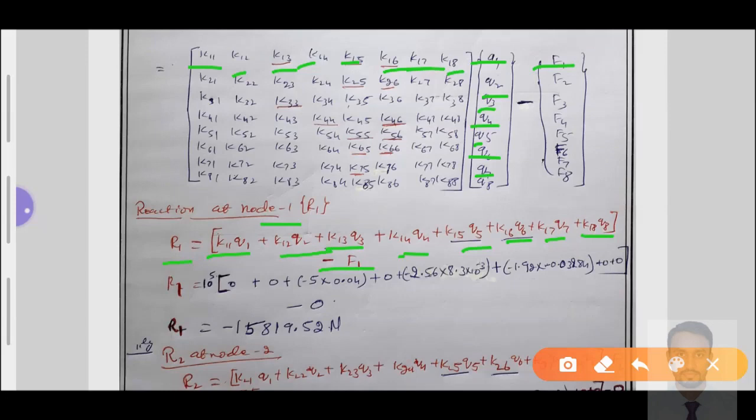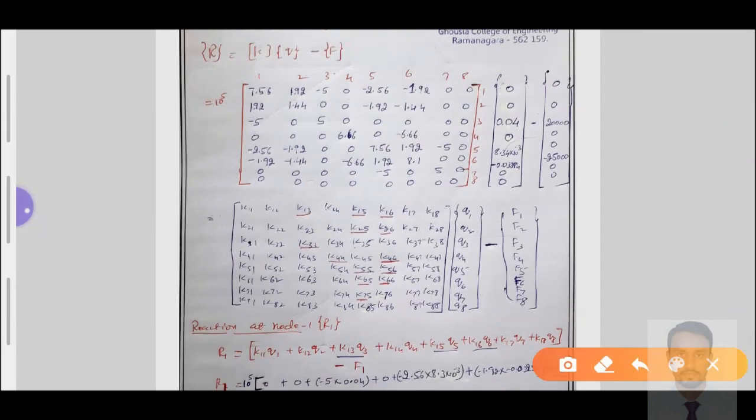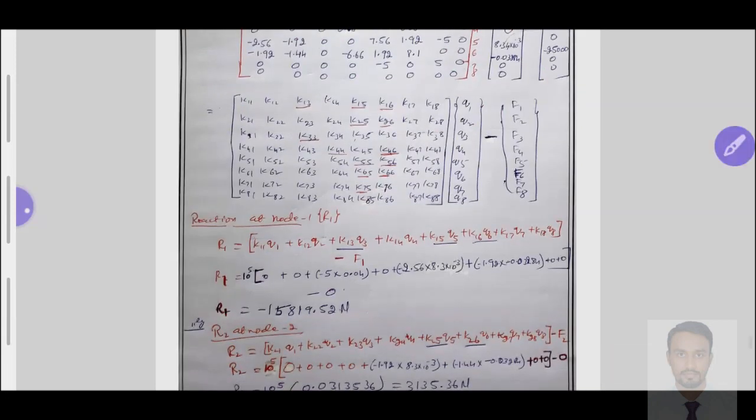All the values from this matrix you take down. This K11 means 7.56 into Q1 which is 0, plus 1.92 into 0, minus 5 into Q3 which is 0.04. We have this substituted value. Likewise, you identify all those values from the first row and substitute them in this equation. You will get the R1 value.